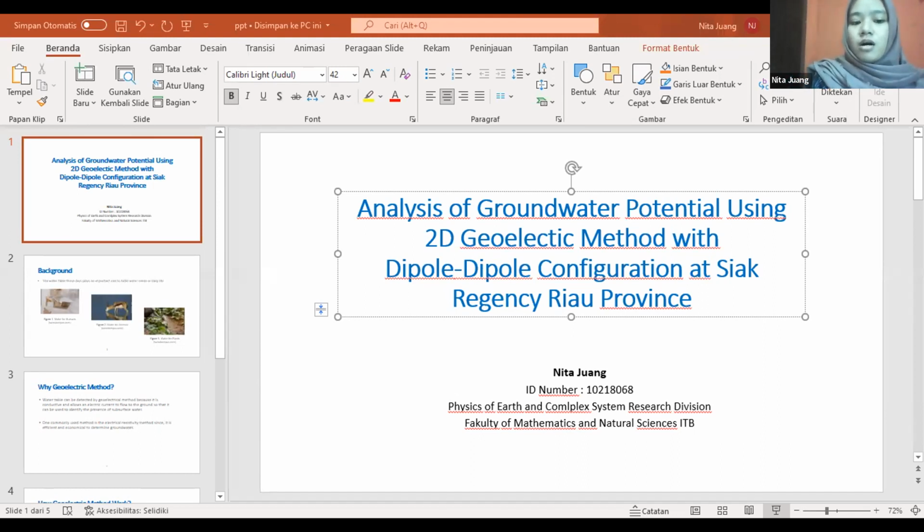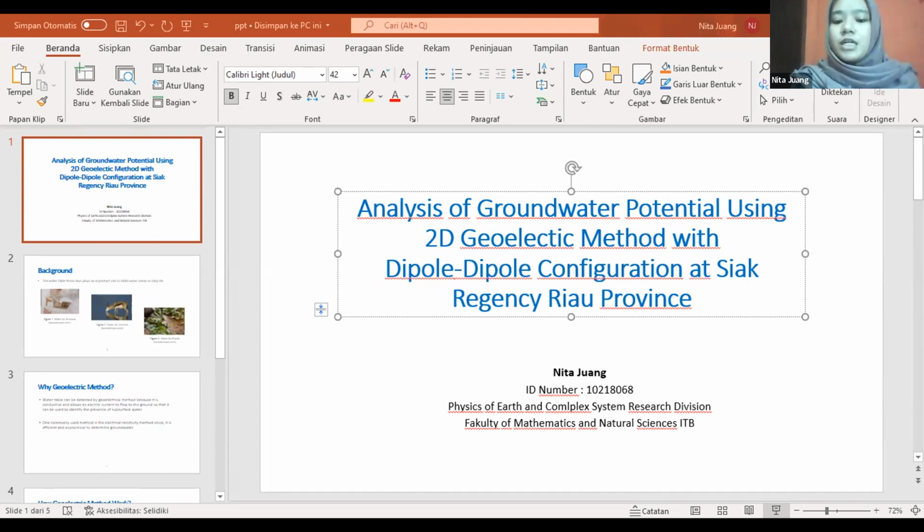With the flow of electric current, an electric voltage occurs in the ground. The voltage at the ground surface is measured using a multimeter connected to two voltage electrodes, P1 and P2, which are at a shorter distance than the C1 and C2 electrodes.